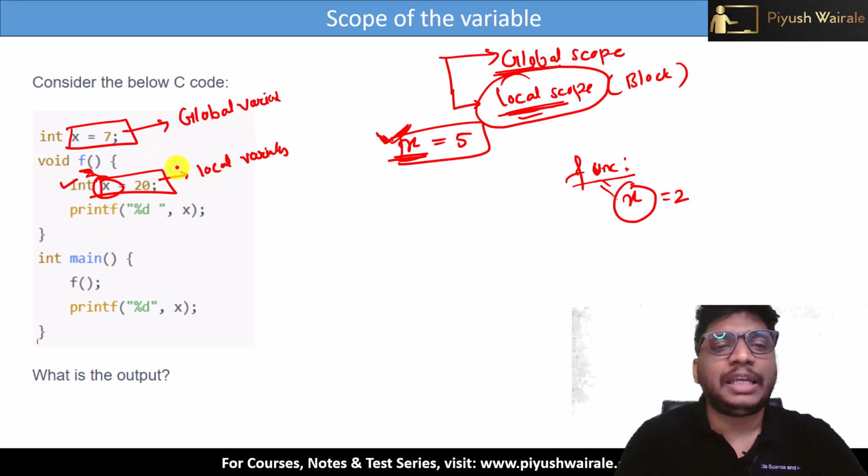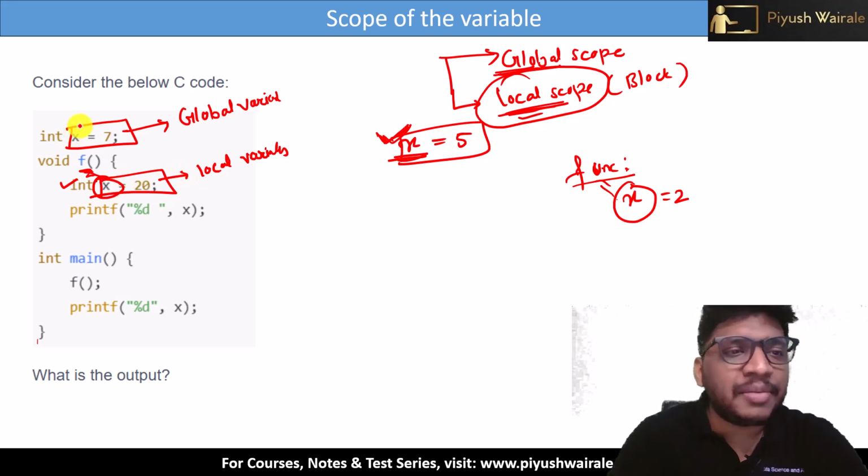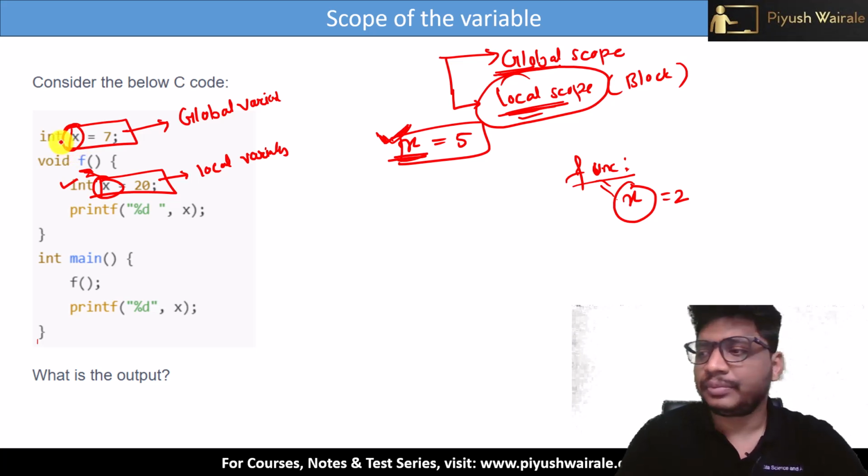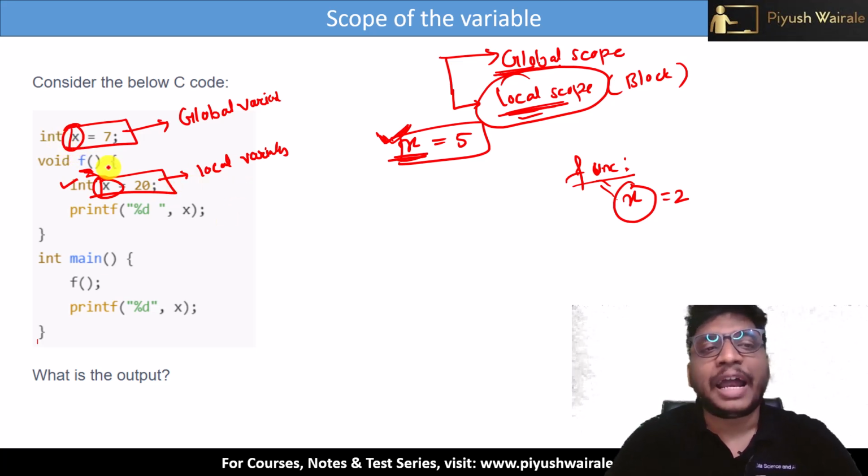So whenever we are defining a local variable or any variable inside the function with the same name of the global variable, then we can say local variable x hides, or we can say shadows the global variable.